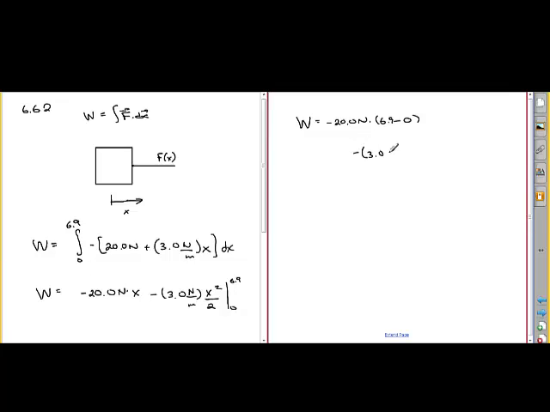Then we have negative 3.0 newtons per meter times 6.9 squared minus 0 squared, divided by 2. And we should get a negative work.